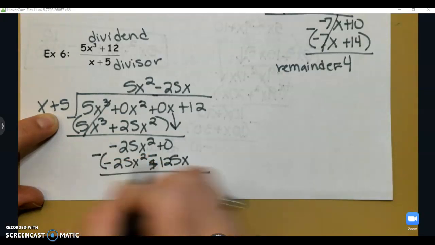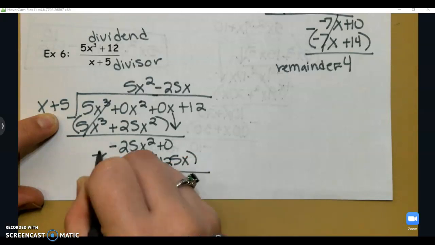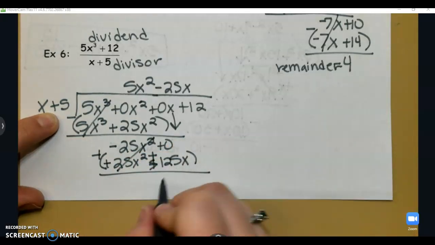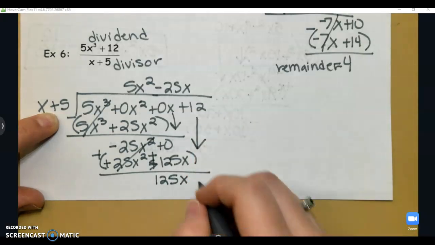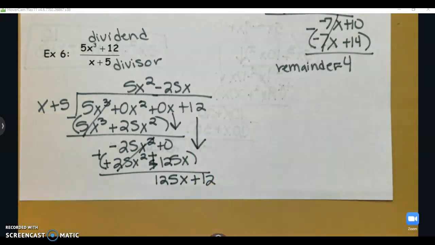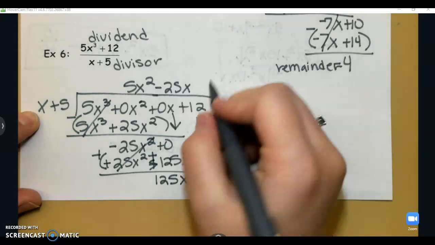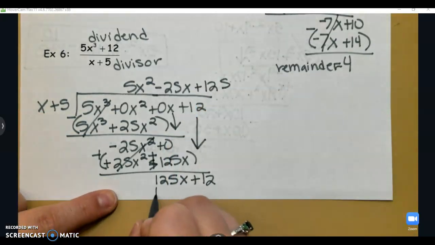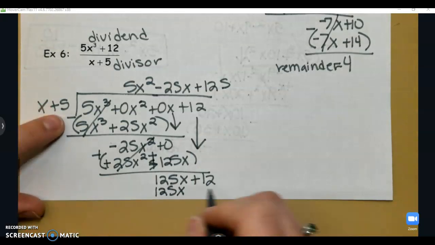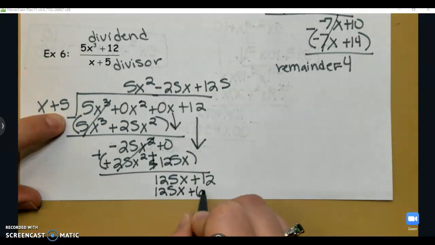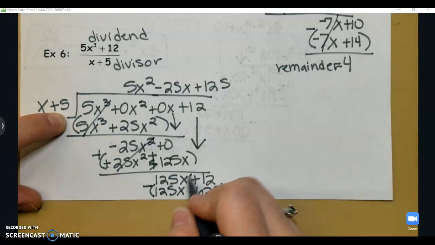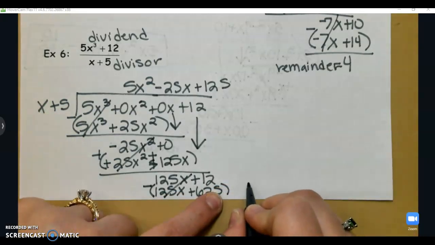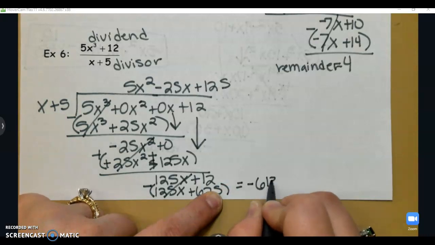Again, we're going to subtract, and so these both become addition, which means the 25x squareds cancel. And 125x is what we're left over with. Bring down the 12. So I need to multiply x by 125 to get 125x. And I'm running out of room here. But the last thing we're going to need to do is subtract this. So the 125's cancel, and we are left with negative 613.